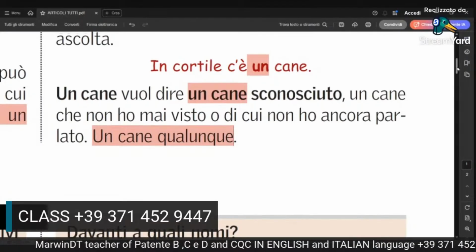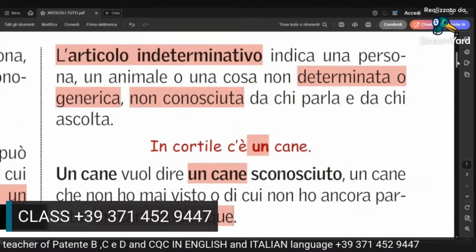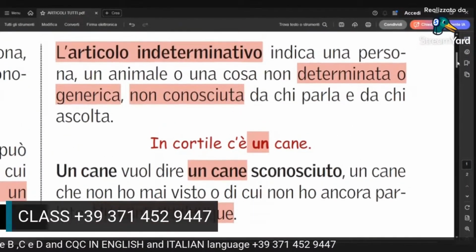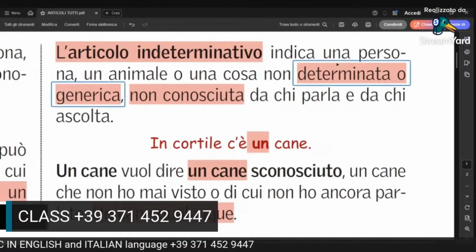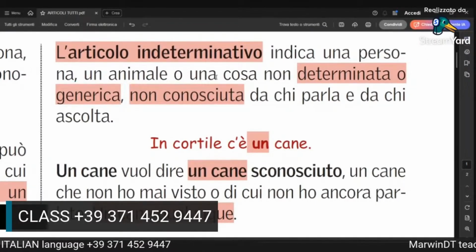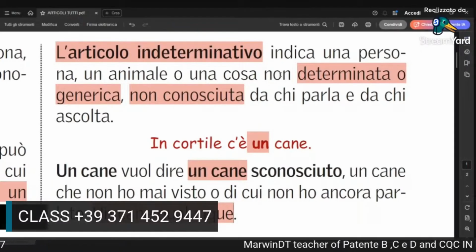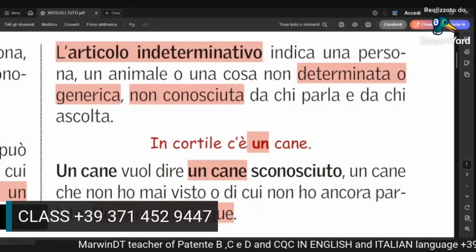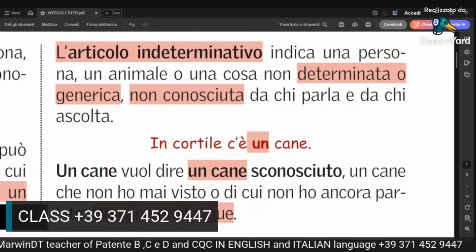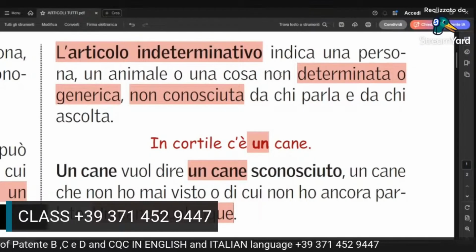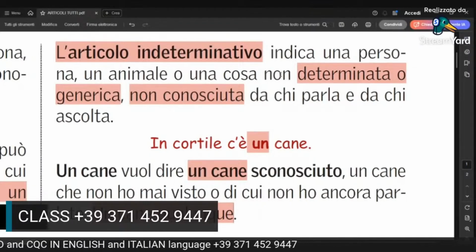Okay? So do not forget, l'articolo indeterminativo indicates a person or an animal or a thing not determined, not specific, or something not known or something generic from the person that speaks and to the person that is listening to the conversation.